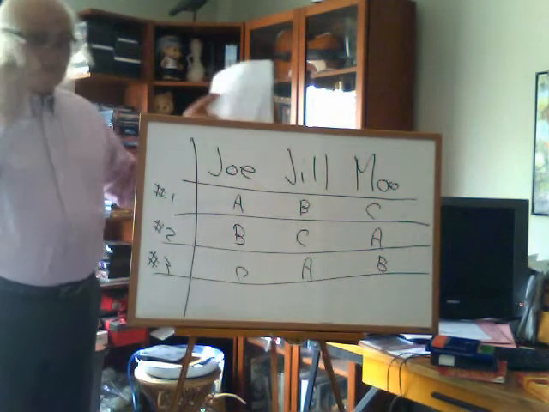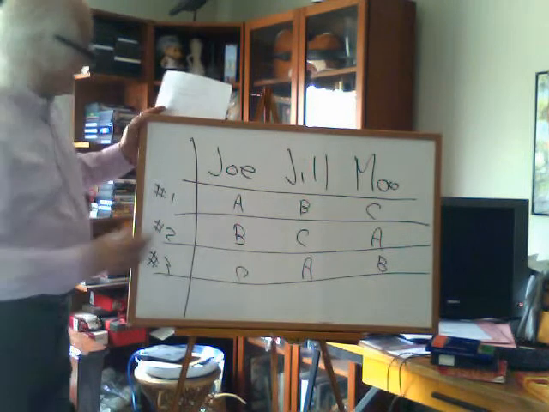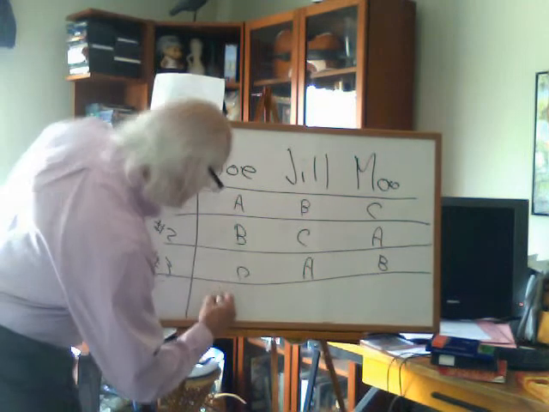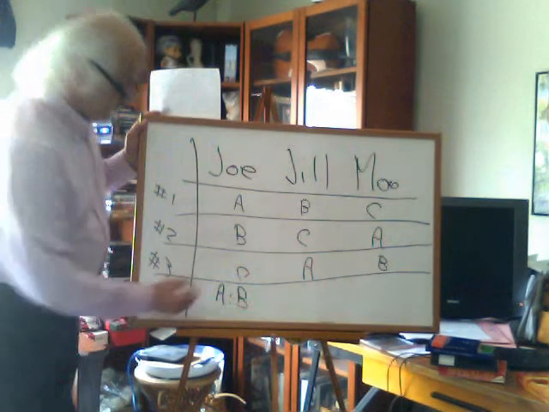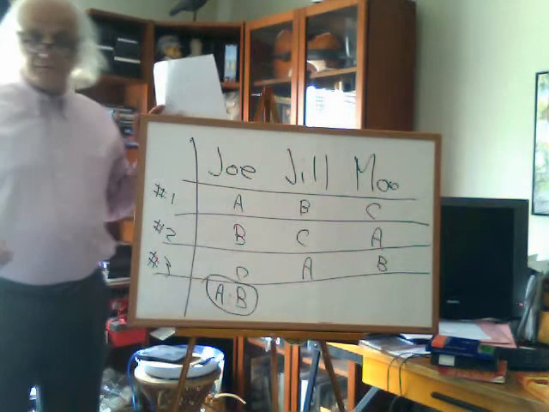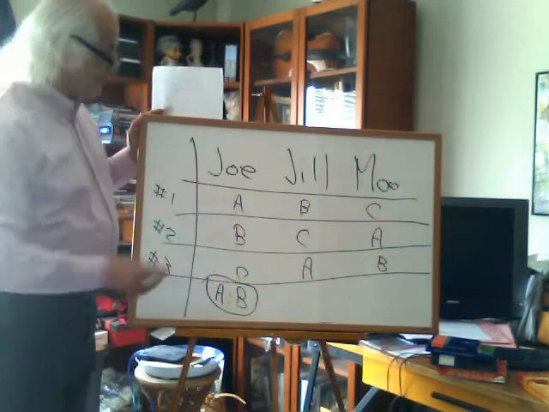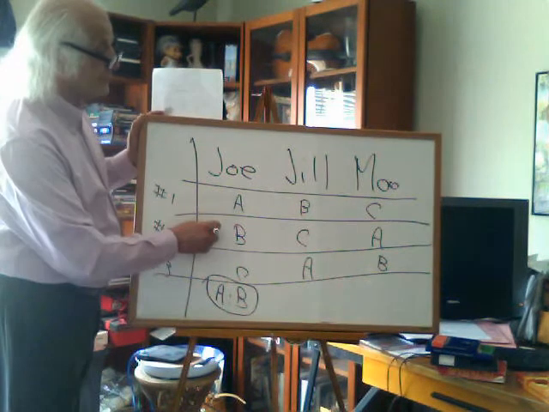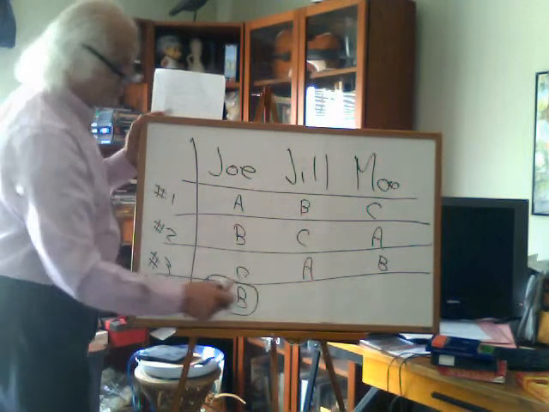That's fine. Now, you ask the question. Let me go ahead and rate A to B. I look at these results. They voted on them. What do I find out? I find out A is preferred to B, A is preferred to B, B is preferred to A, so A wins.